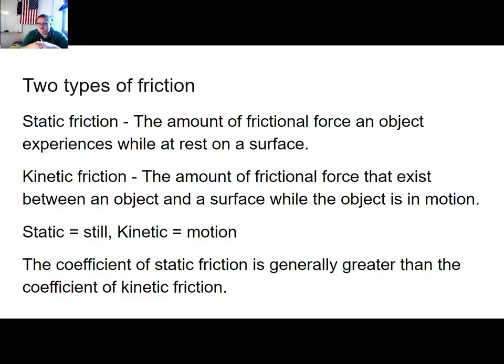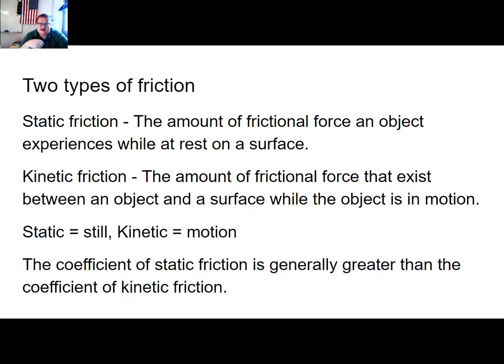Imagine you're going to move a really heavy box. You have to push it across the floor. You may find that it takes more force. In fact, as you see there at the bottom, the coefficient of static friction, the amount of friction when it's not moving, is generally greater than the coefficient of kinetic friction. You may have felt before, if you're trying to push something heavy, you have to push hard, but once it gets going, it's actually a lot easier to push, because they're different amounts.